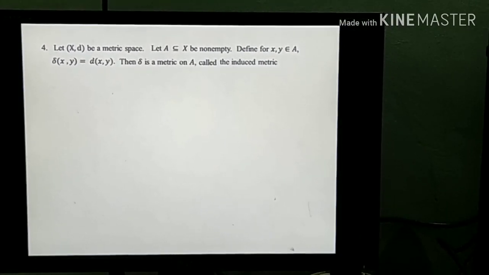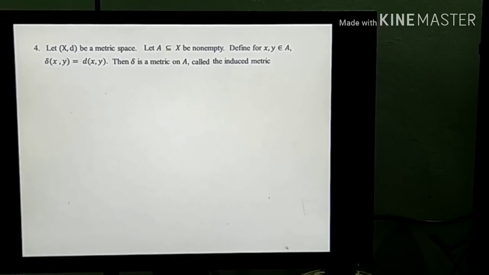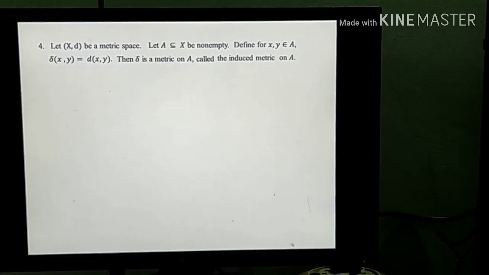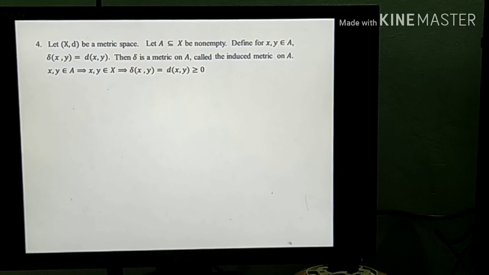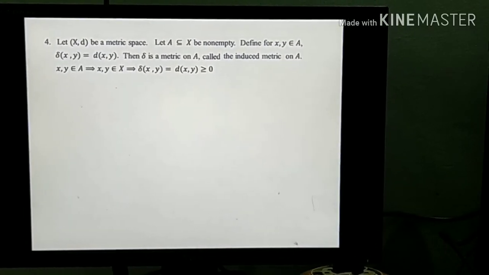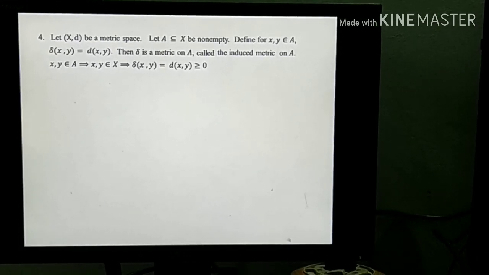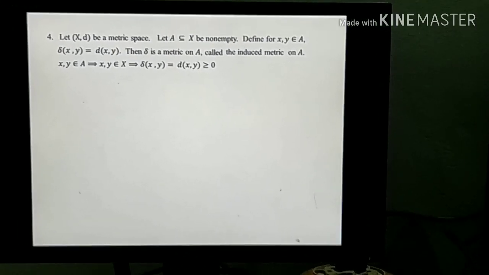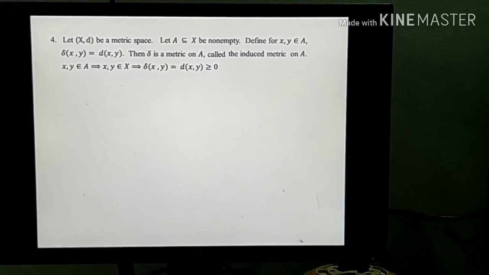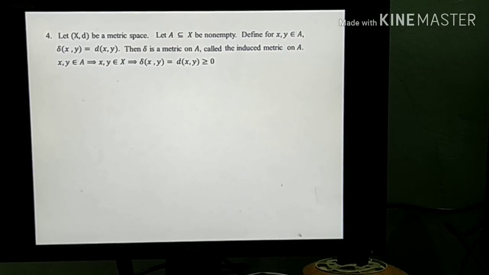See, for the first property, if I take any two elements x and y of A, then those two elements are also elements of X. Therefore this delta xy becomes dxy, and as d is a metric, dxy is always greater than or equal to 0. Therefore indirectly we will get delta xy is greater than or equal to 0. Therefore delta also satisfies the non-negative property of a metric.